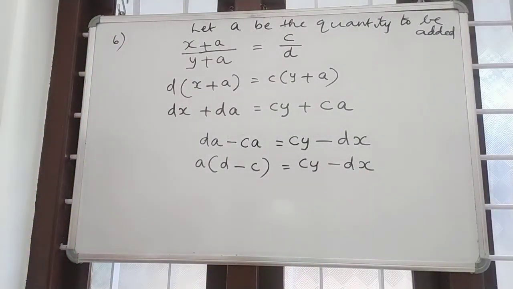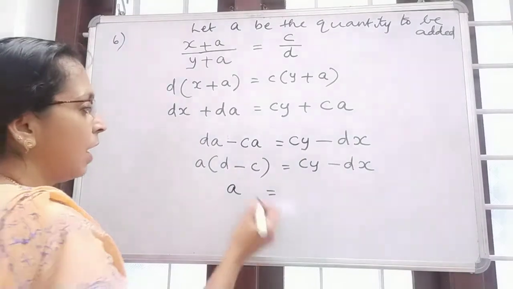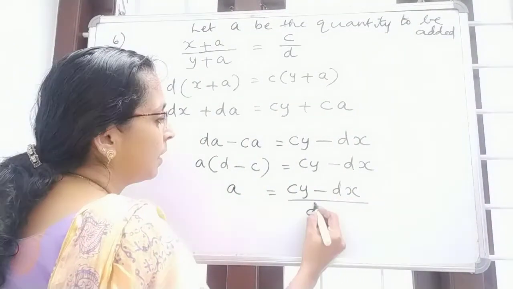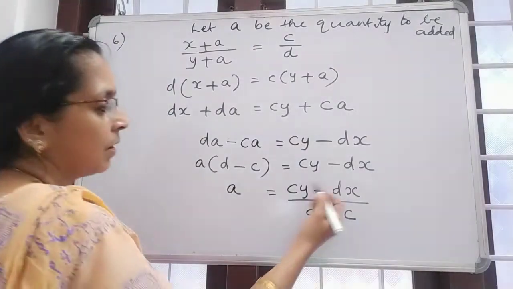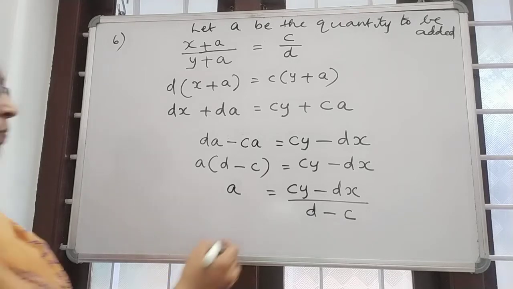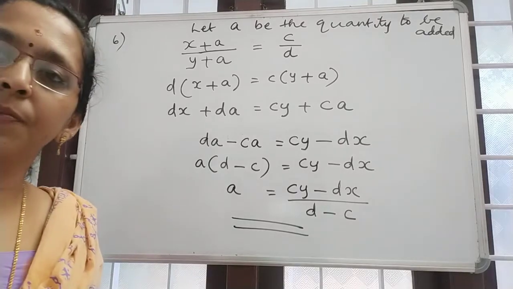What quantity must be added? That means a is the quantity to be added. So a is equal to cy minus dx divided by d minus c. Can we take anything common? Nothing. So the quantity added is cy minus dx divided by d minus c. Okay, that is the answer.